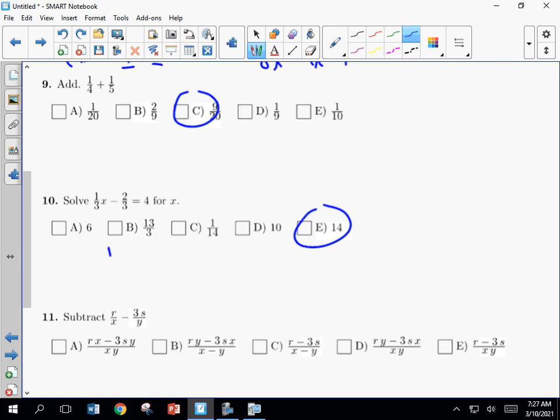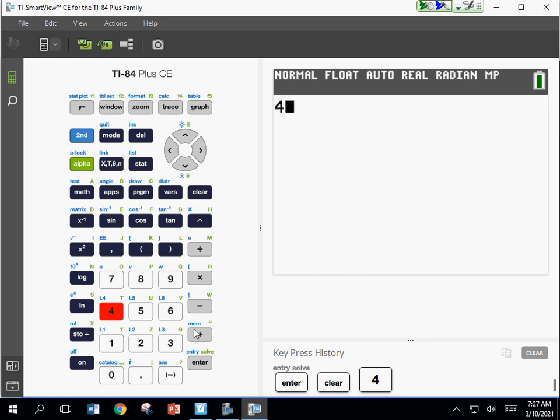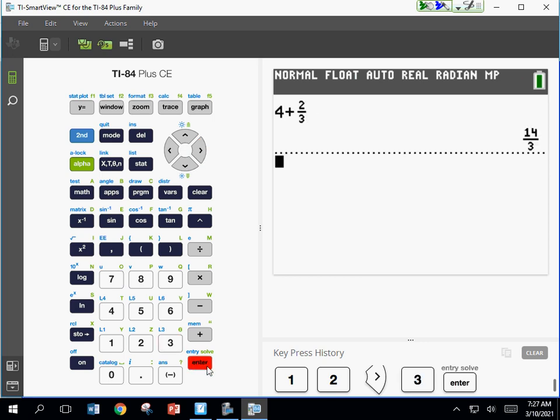you're going to solve this just like you would any other equation. It's easier since you have a calculator, so you're just going to add 2/3 to both sides. In your calculator, you're going to do 4 plus alpha y equals 2/3. Get 14/3.